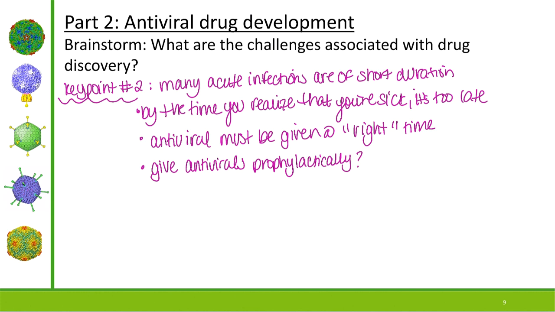Of course, it's a bad idea, and the reason for that goes back to mutations. Our arsenal of antivirals is already low. If we were to constantly give antivirals prophylactically, we would definitely be selecting for viruses resistant to these antivirals.